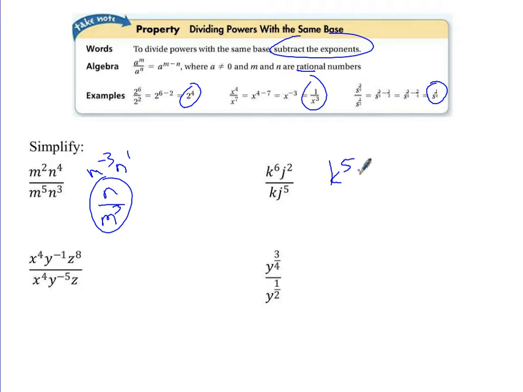Good, I heard the j to the, but I didn't hear the rest. So j to the negative third. Are we done? Okay, so what do we do? K to the fifth on top. J to the third on bottom. Okay.